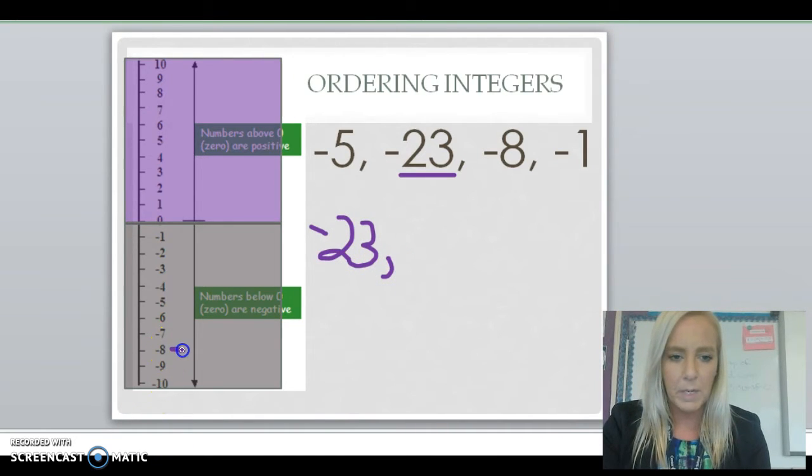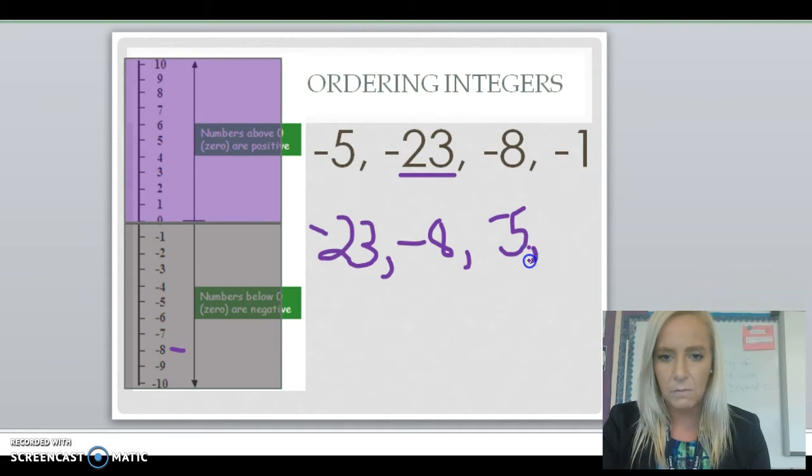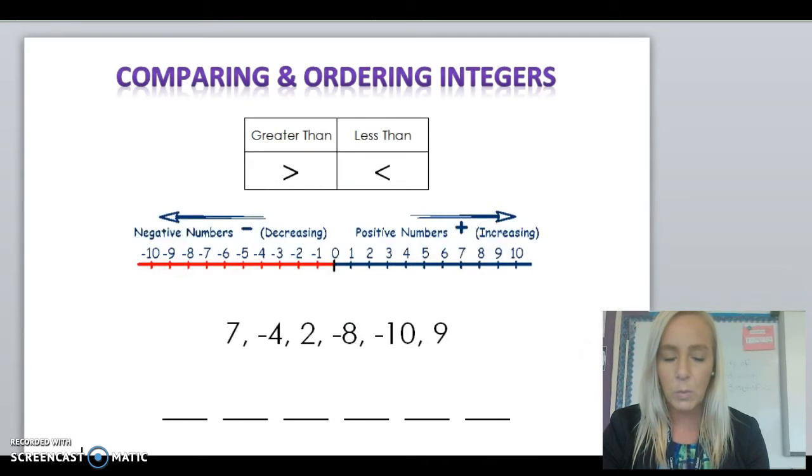Next coming up would be -8, -5, and then -1. -1 is the greatest out of all of these negative integers because it's the closest to 0.